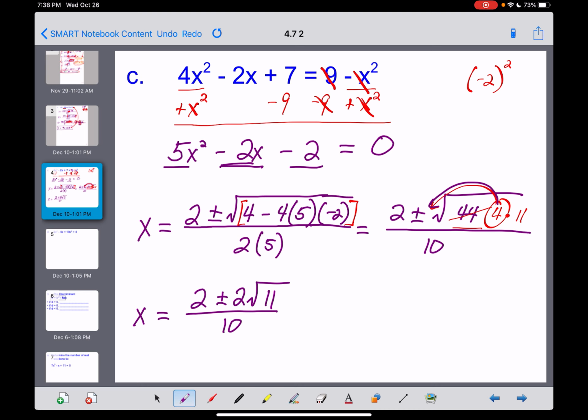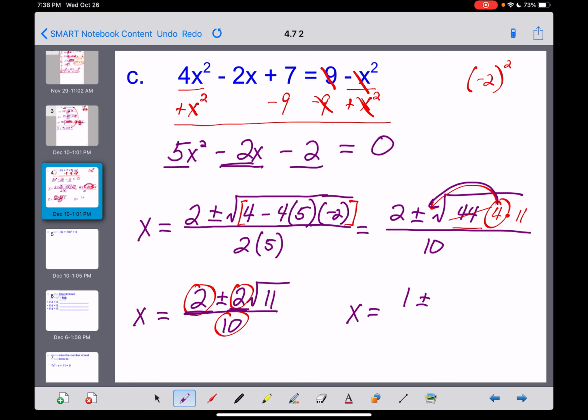And just like we did on the last problem, we need to look here, here, and here for a common factor that can be divided out. And again here, we end up with a 2. So let's divide that out. This 2 divided by 2 is 1. Plus or minus, this 2 divided by 2 is 1 also.